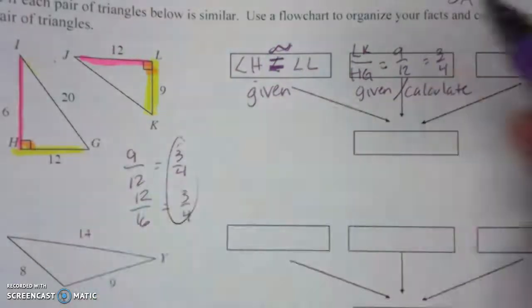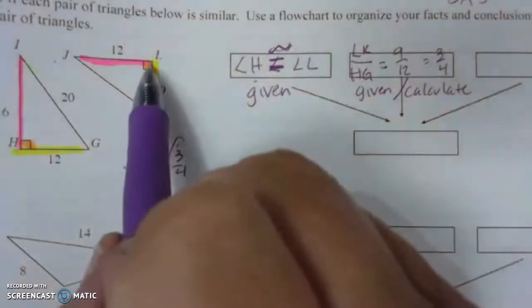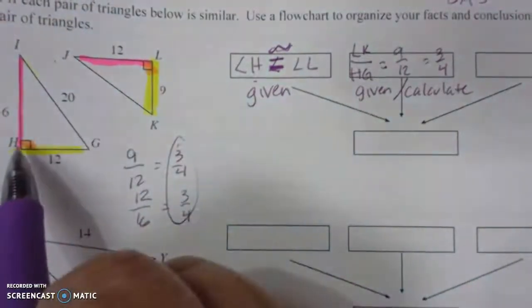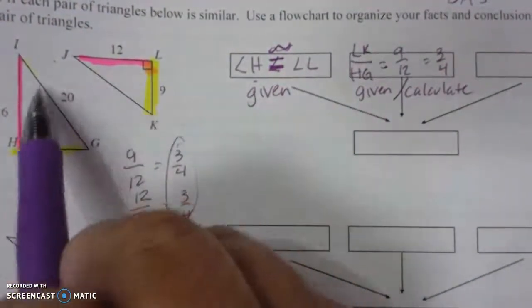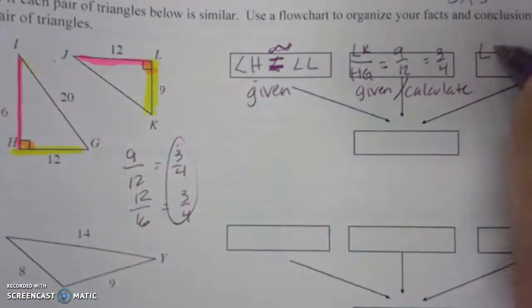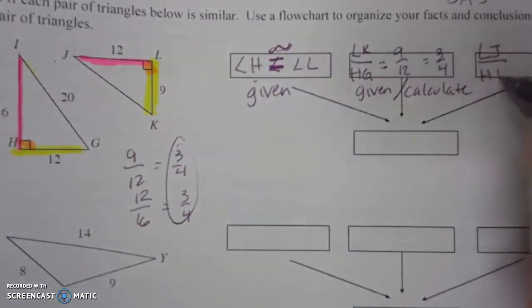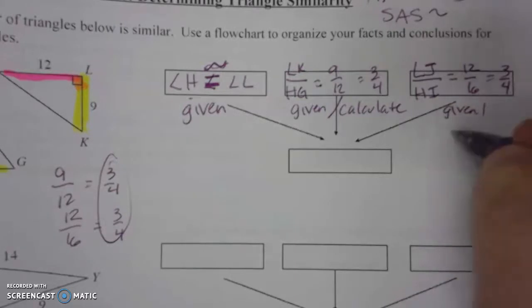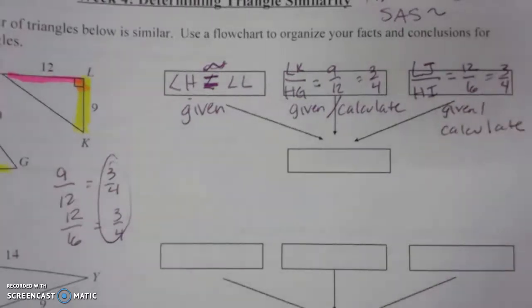And then the same thing for the next one. This is LJ, and my L is the 90 degrees, and it matches with this H. So LJ matches up with HI. LJ, HI, and that was 12 over 16, which reduced to 3/4. And again, that was given, but we did have to calculate.